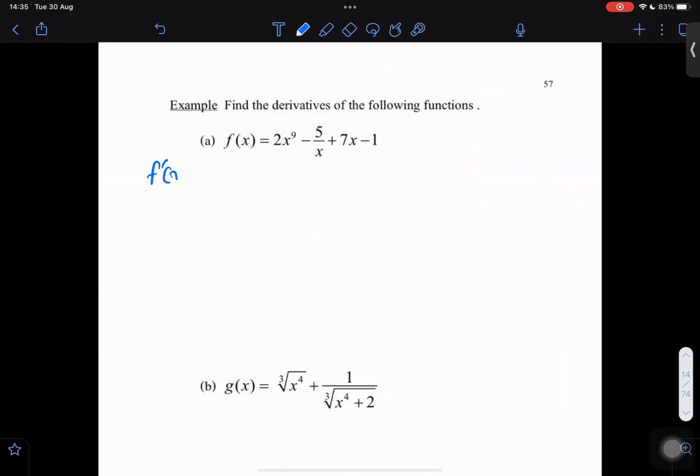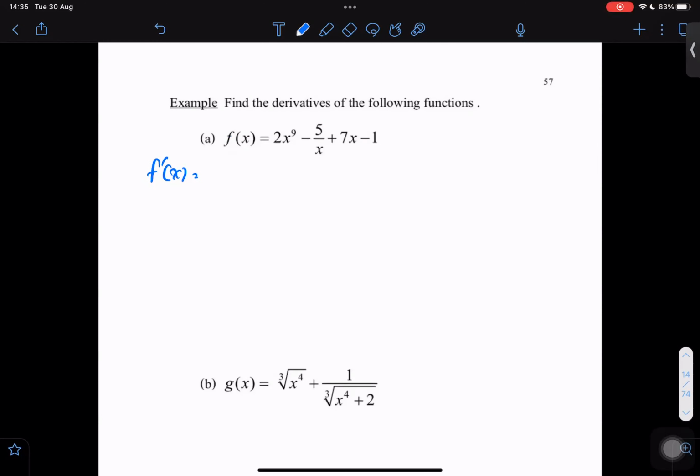So f prime of x will equal, maybe I will just write step by step, d/dx of 2x to the 9 minus 5 over x plus 7x minus 1.